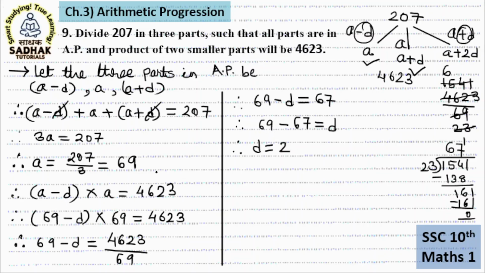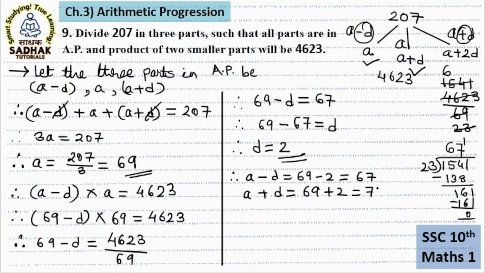Okay. So we got the value of a, and now we have got the value of d, so the three numbers we can calculate easily. Therefore, a minus d will be 69 minus 2, that is 67. And a plus d, that is 69 plus 2, that will be 71.